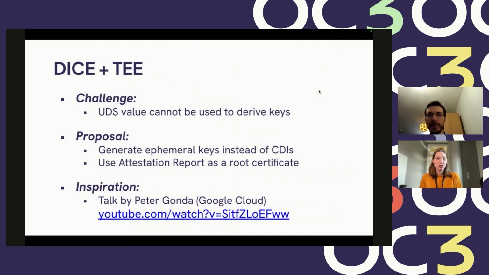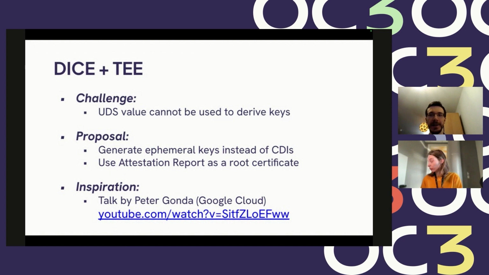So, in order to solve the problem of getting a measurement of the complete VM workload, we can implement DICE for AMD SEV-SNP. But in order to do this, we need to build a certificate chain, which starts from the unique device secret. And here we are faced with a challenge.